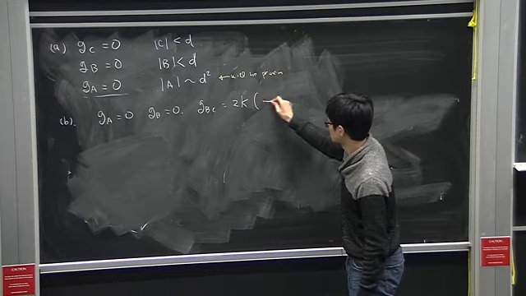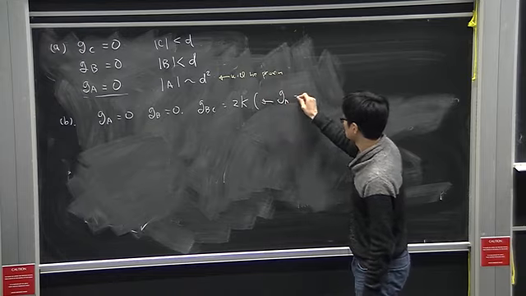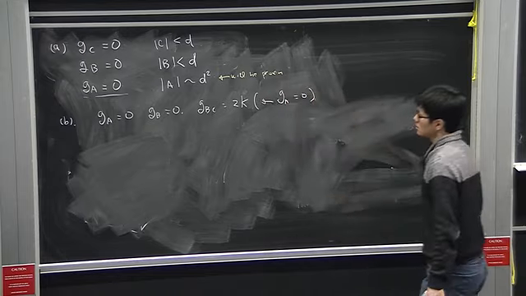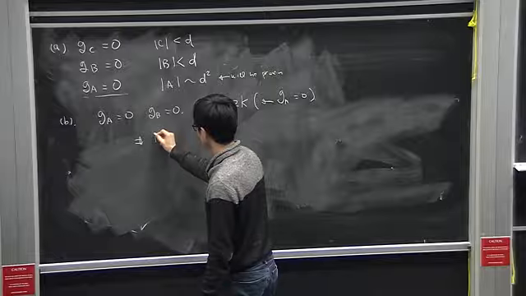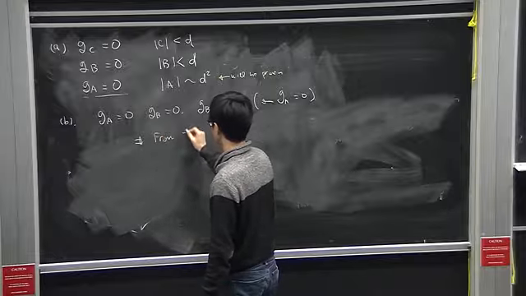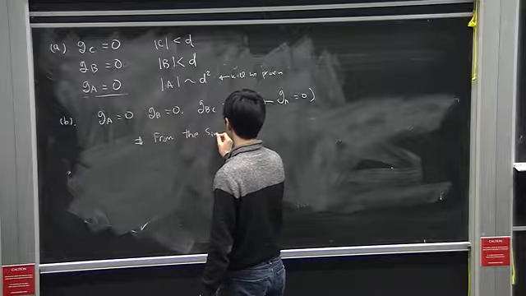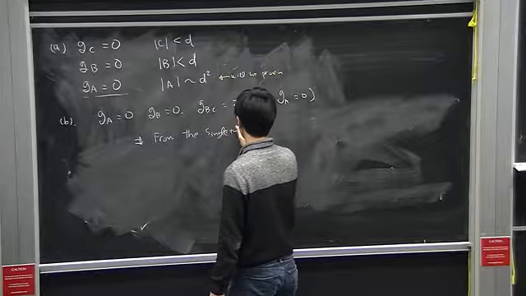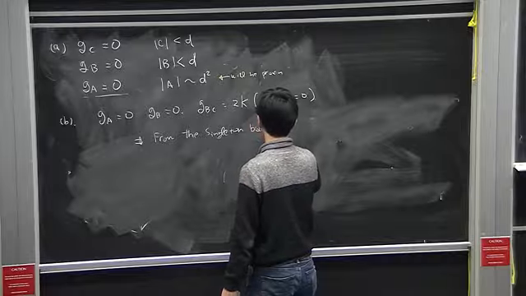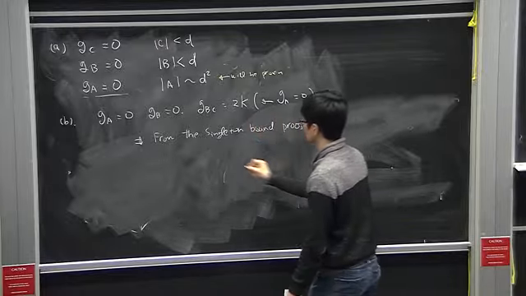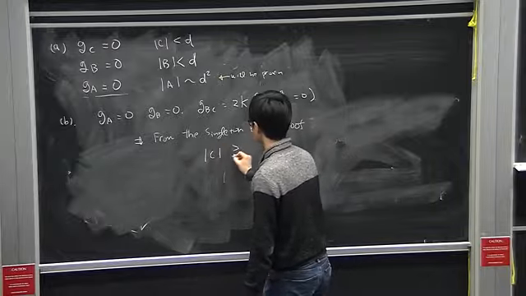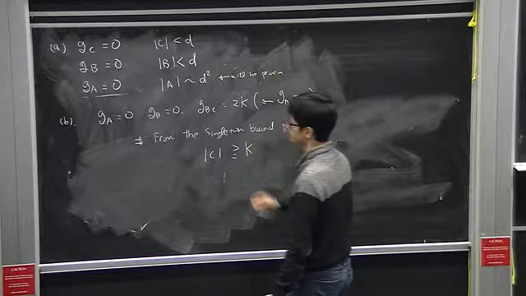And then, by the way, this follows from GA equals to 0. Therefore, from the singleton bound proof, we have C, which is larger than K.